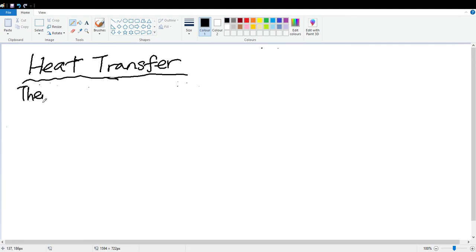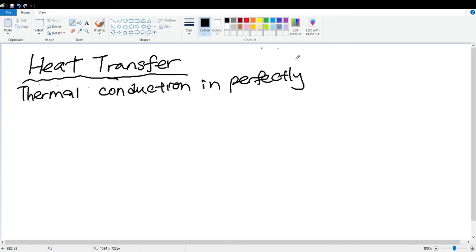So, thermal conduction in a perfectly insulated rod.